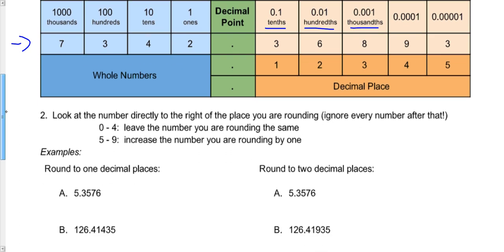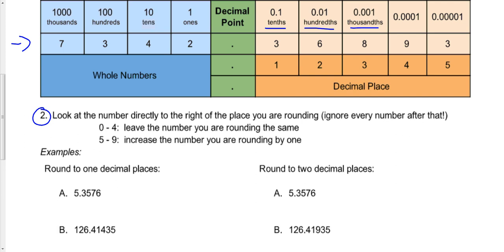And so when we're looking at figuring out how we actually round, we'll look here where it says number 2. It says look at the number directly to the right of the place where you're rounding. Okay, and then you're going to ignore every number that's after that.